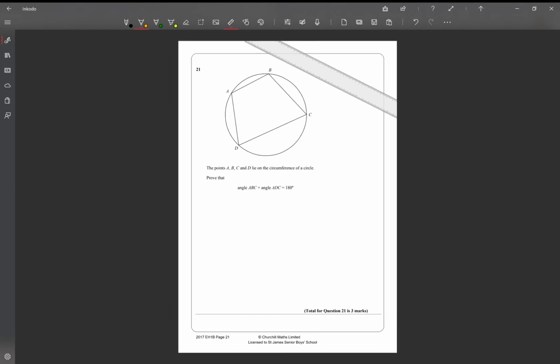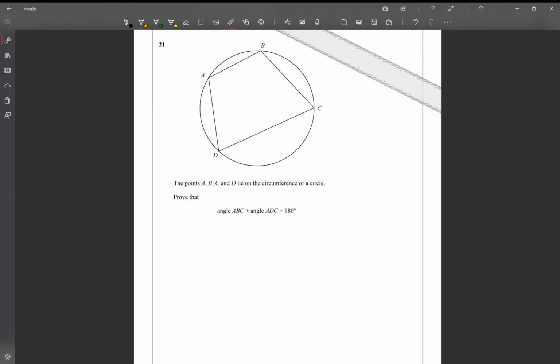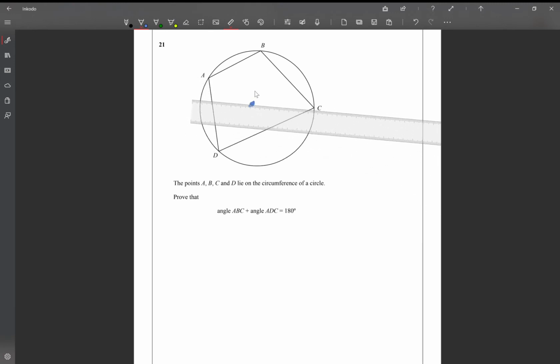Okay, so the first thing we need to do is think about adding in a centre, because adding in a centre gives us some ways of using circle theorems to prove. Okay, so I've just given this a centre.